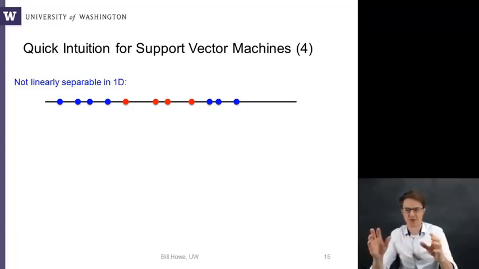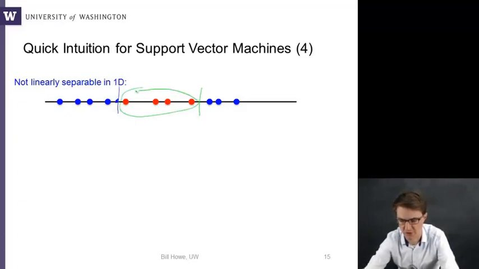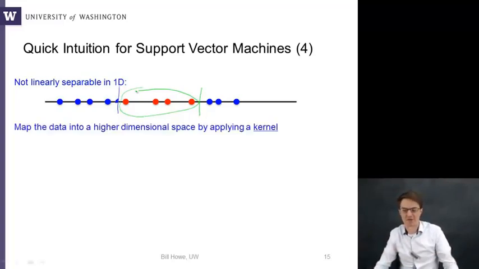And so if we don't think about the 2D case, now think about just the 1D case. If we've got a group of blue points here in 1D and a group of blue points here in 1D, and then in between them a group of red points, well, there's no one point I can draw that will separate these guys. But clearly there's kind of a group here. What we want to do is sort of draw a circle around this. And so another capability that the formulation of support vector machines allows fairly naturally is to map the data into a higher dimensional space by applying these kernels.